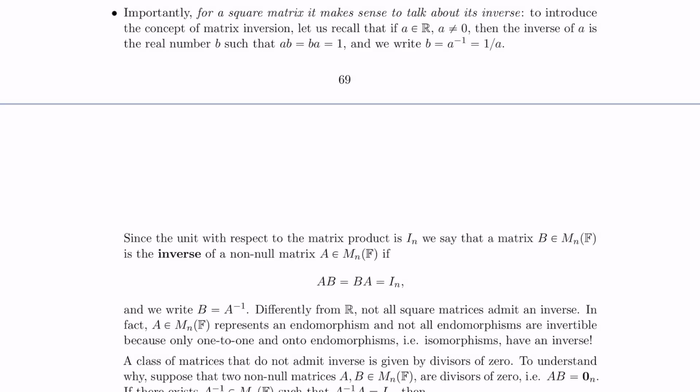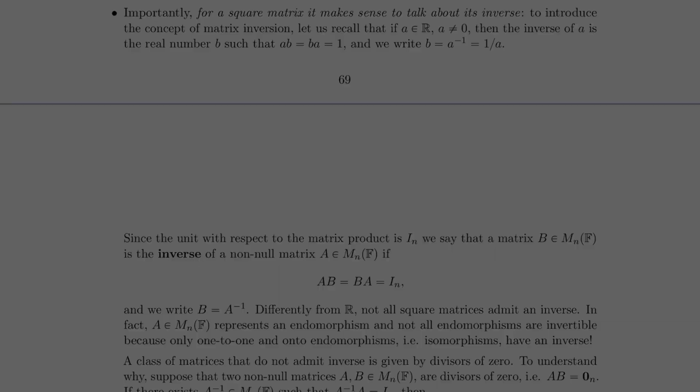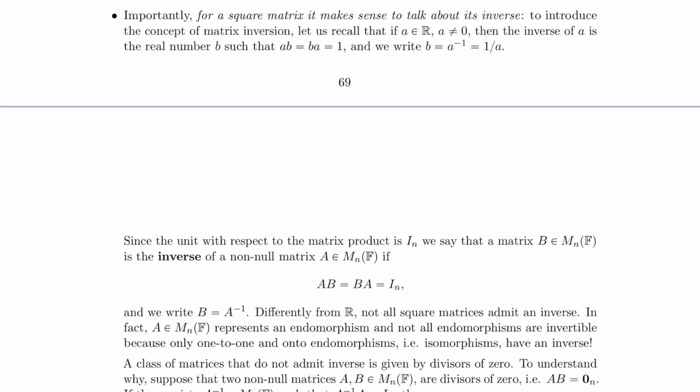Let's now introduce the paramount important concept of inversion of a matrix, which makes sense only for square matrices. First of all, it's important for you to recall that it makes sense to talk about the inversion of a matrix only for square matrices.